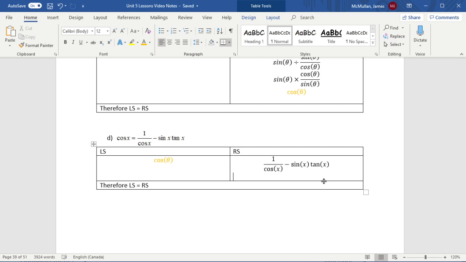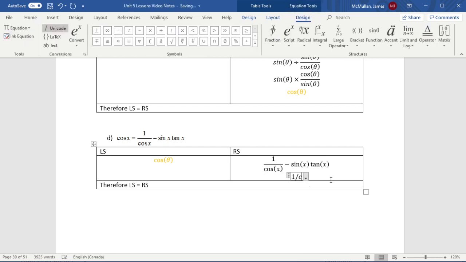Even if you don't get the identity right, if you can show me that you tried two different things and both of them, you made some correct substitutions, you just ultimately couldn't find the answer, you can still easily get 3 out of 4 in an identities question just by showing me you know how to make moves. So don't be too preoccupied with getting it right. Don't be too preoccupied with erasing your work if you're not getting it right. Keep your work to show it to me, okay?